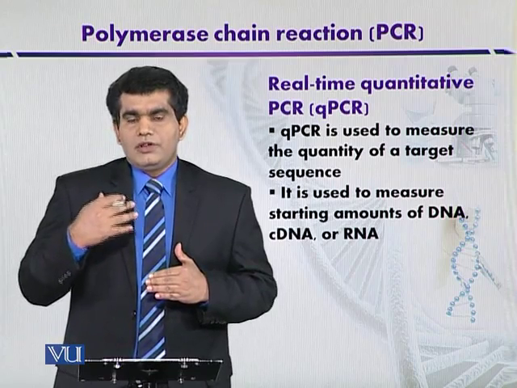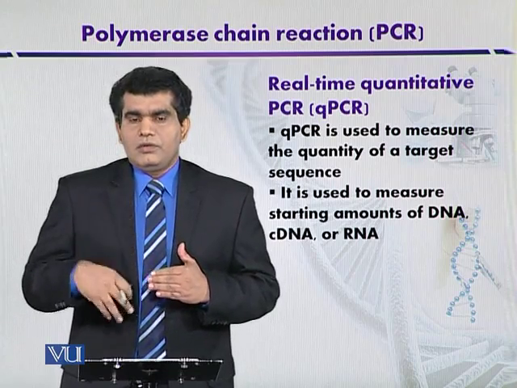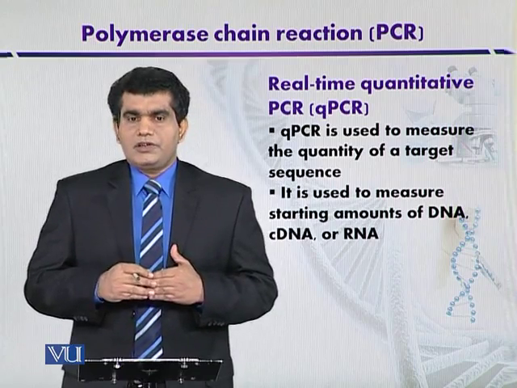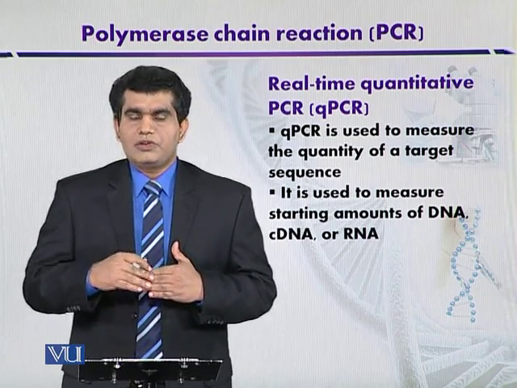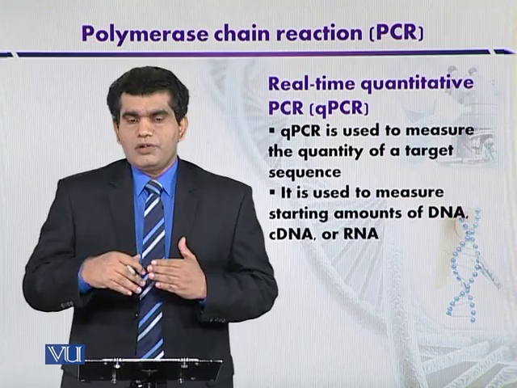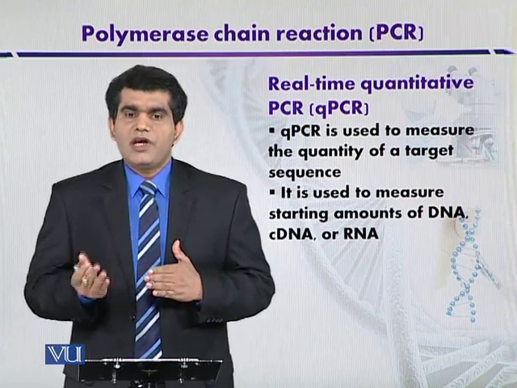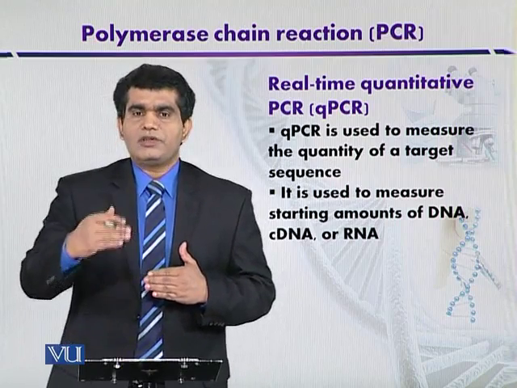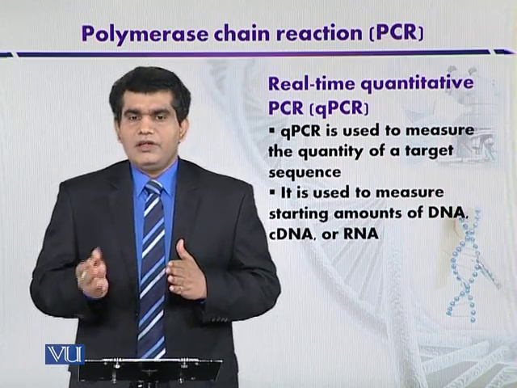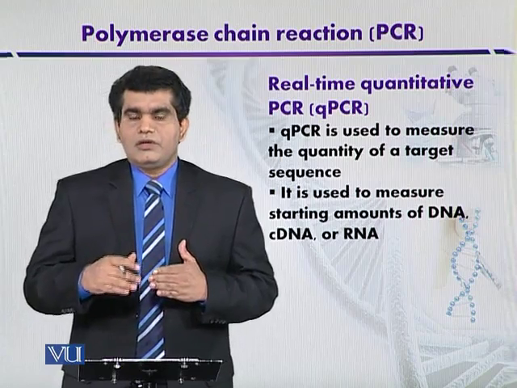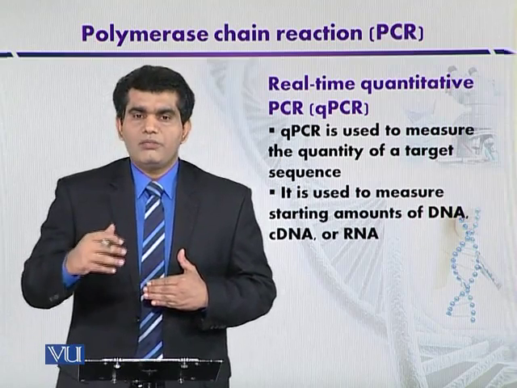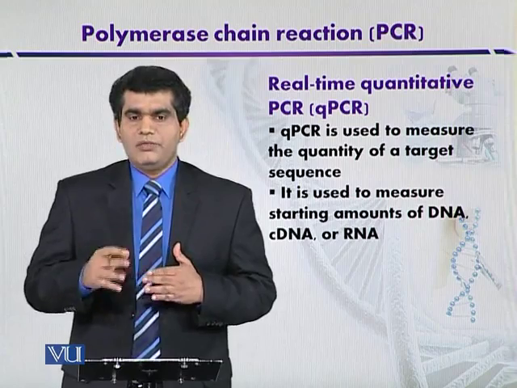So this technique, that is RT-PCR, we can effectively use to know the molecule concentration even in an unknown sample. And here we can generate the standard curve with known concentrations of DNA, and then the concentration of the DNA molecule in the unknown material can also be calculated.